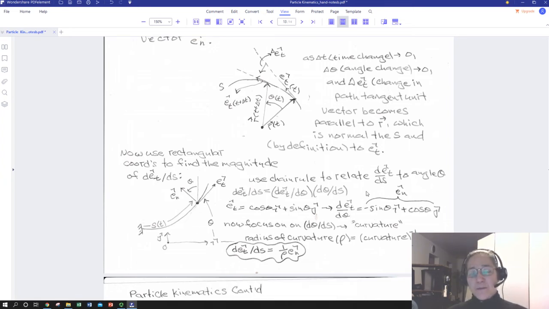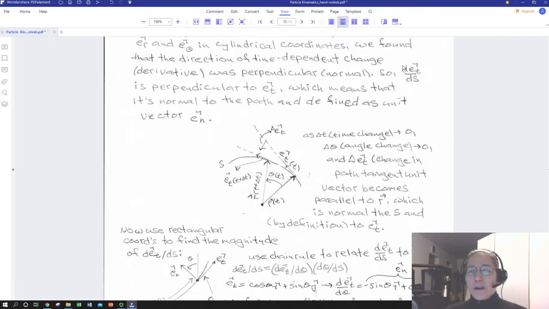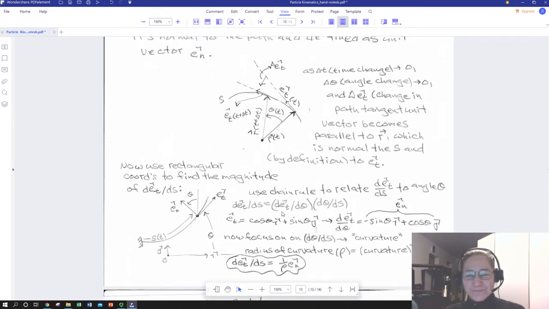We can get the same kind of expression. So when we look at our change in our tangent unit vector with change in path length, we've already established from this figure that it's a unit vector in the normal direction.